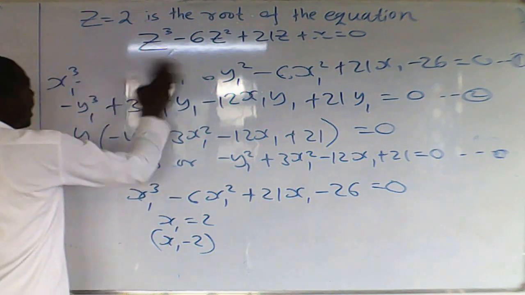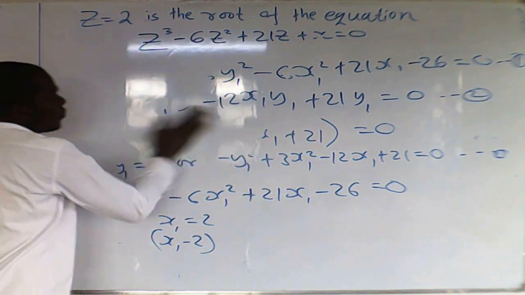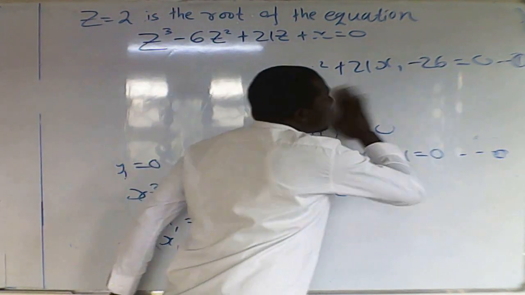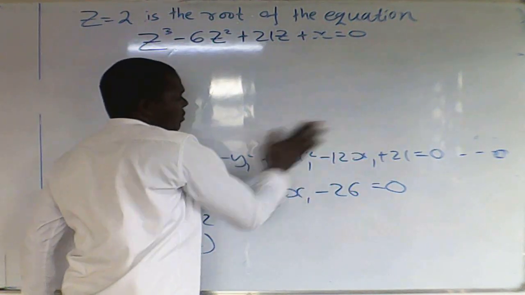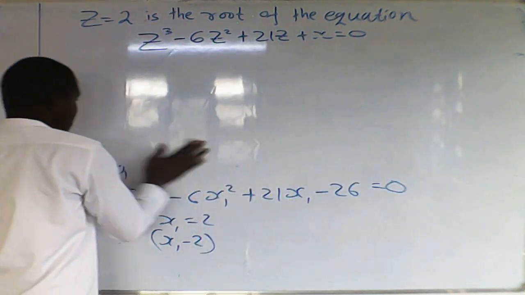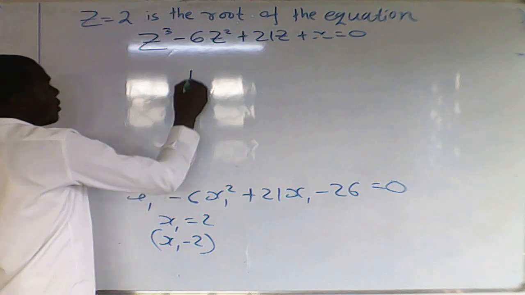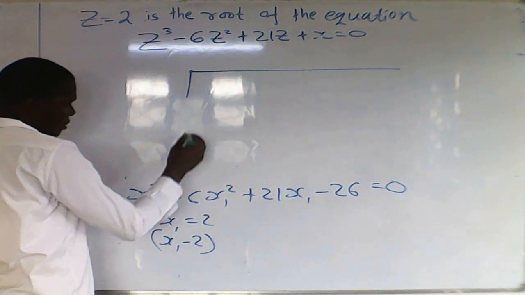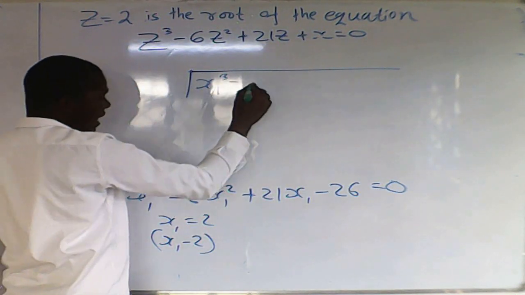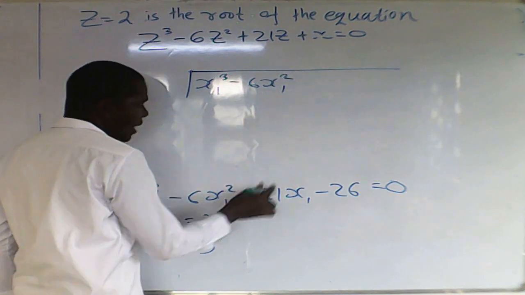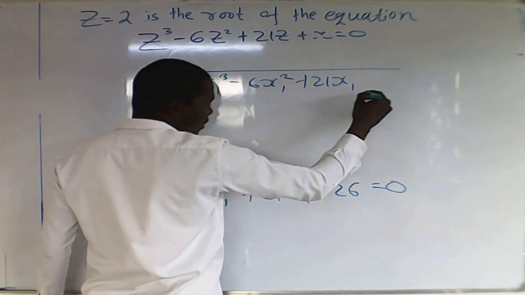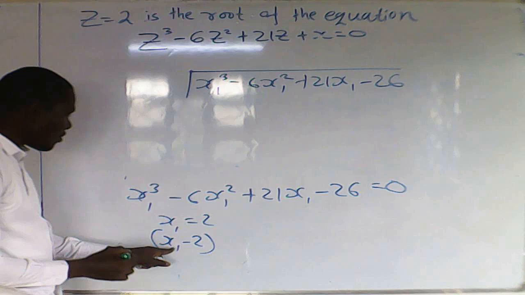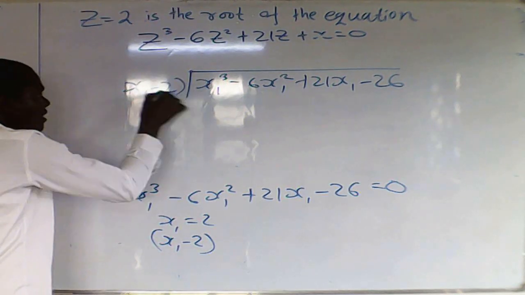So from here we now have, we want to divide x1 cubed minus 6x1 squared plus 21x1 minus 26 with the first root, which is x1 minus 2.